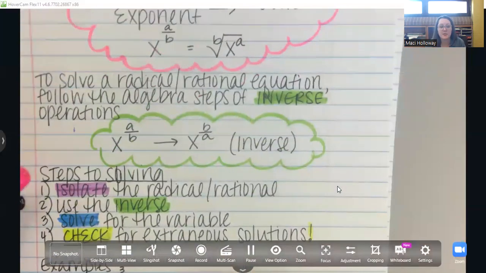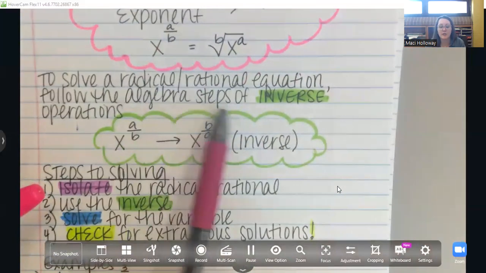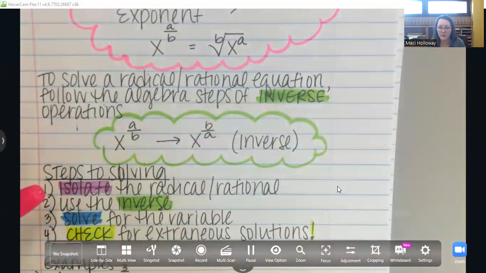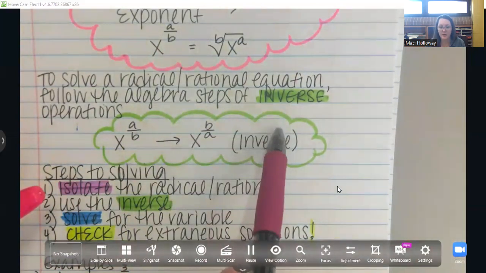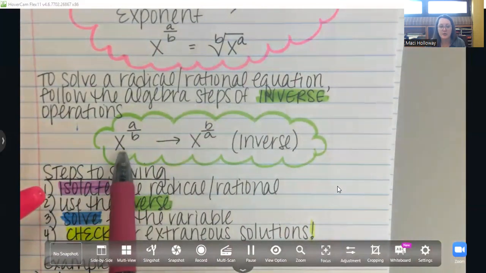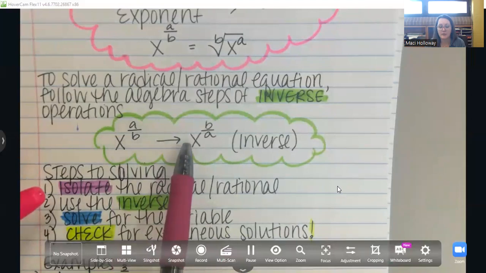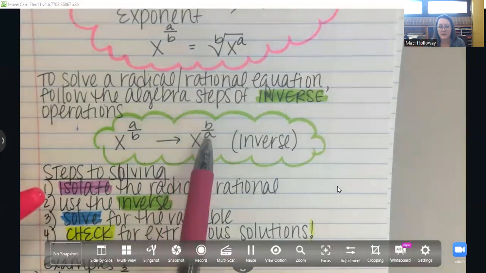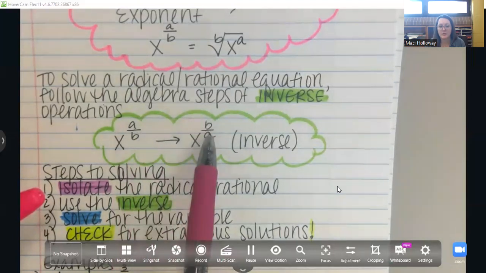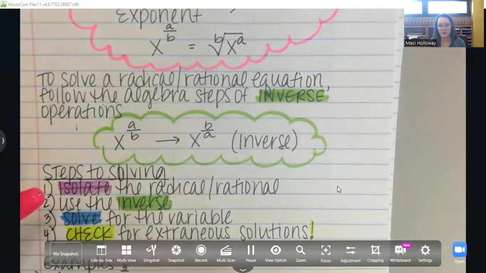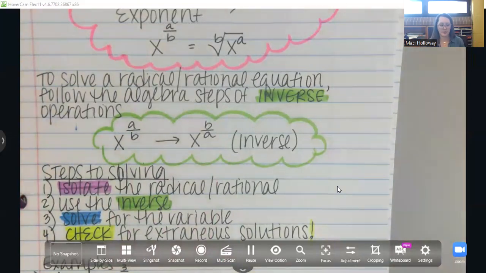All right, so to solve a radical or rational equation, follow the algebra steps of inverse operations. The inverse of a rational exponent, x to the a over b power, is x to the b over a. It's just the reciprocal of the fraction. So raising it to that inverse power is the inverse operation.